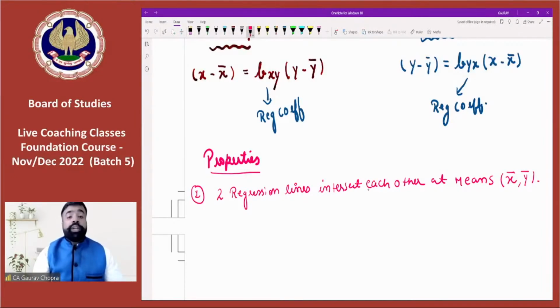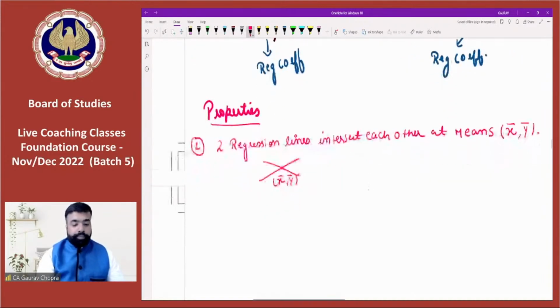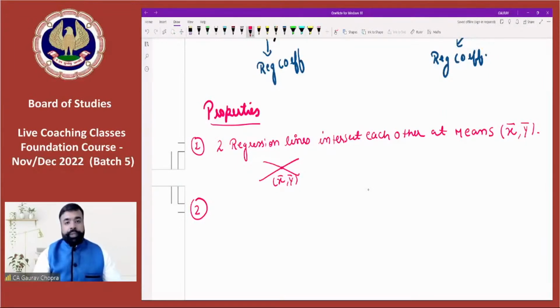So if there are two regression lines, their intersection point will be x bar comma y bar. So from their intersection we can find the arithmetic mean. This is the first property.